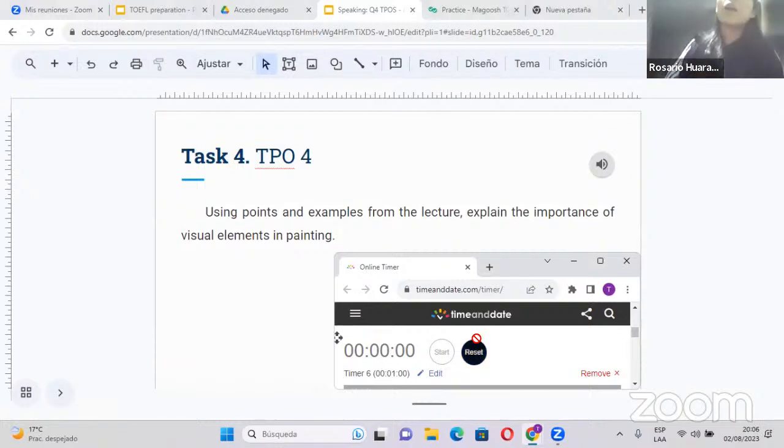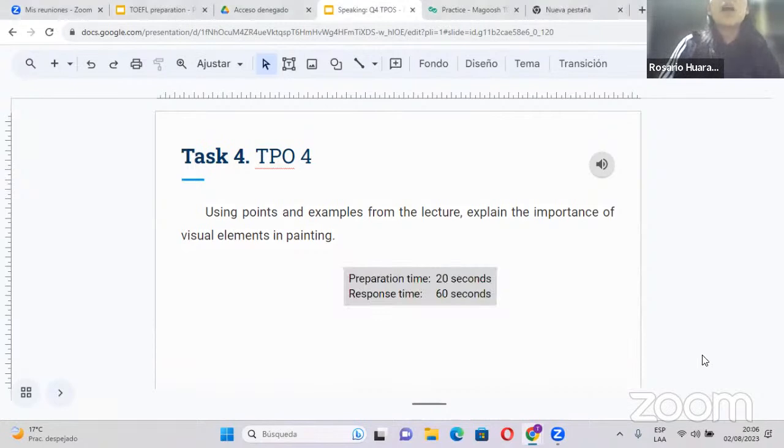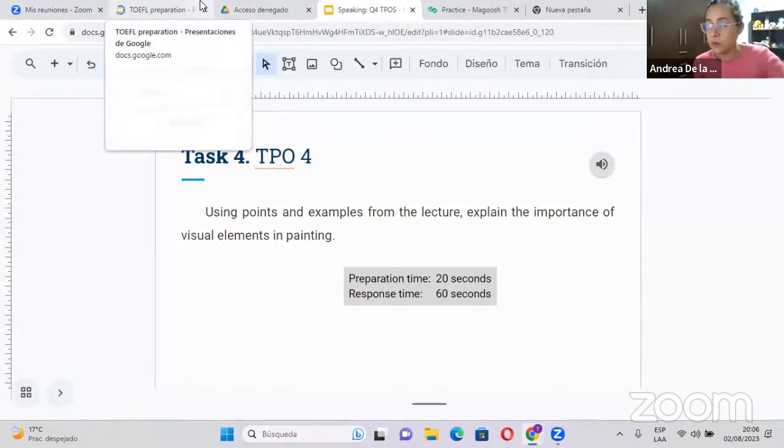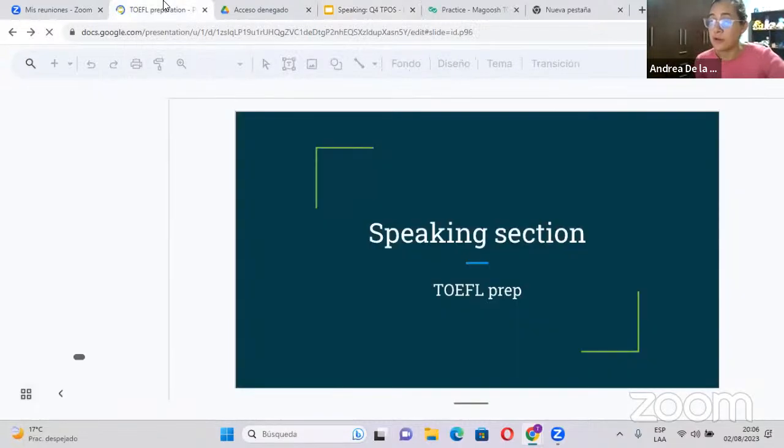Yes, Miss, but I mean, how do you take notes? I want to see how you take notes, because I really don't have a structure to take notes, and I can take notes of everything, but in the moment of speaking, it's really a mess. Okay. I can show you my notes tomorrow. We can do one to practice and I can show you my notes, because now I have to run to my other class.